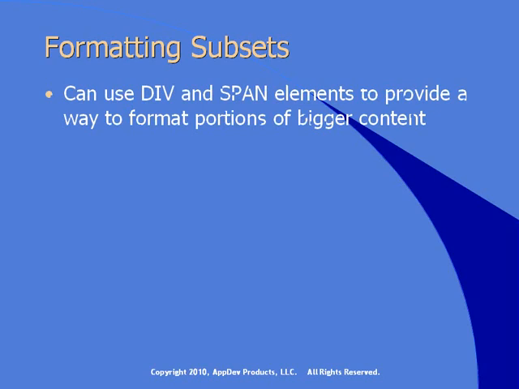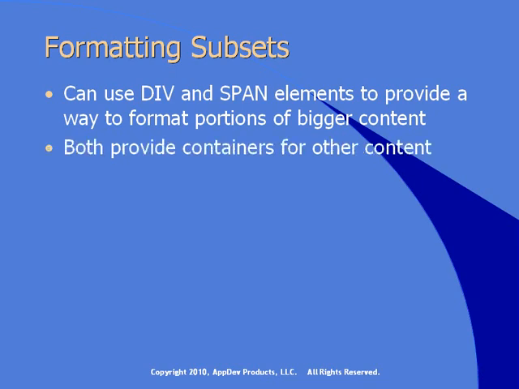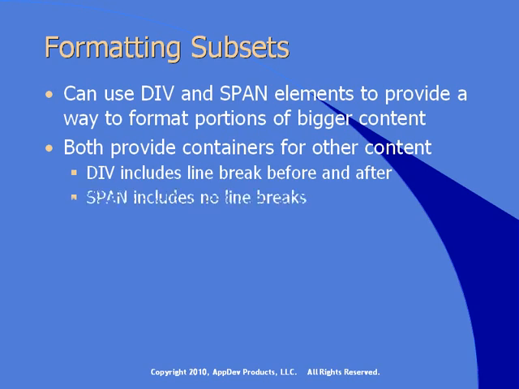The answer is to use the div and span elements because they provide a way to format portions of larger content. Both provide containers for other content, and if they're containers, they can have styles applied to them. The difference is the div element includes a line break both before and after it, and the span element includes no line breaks.